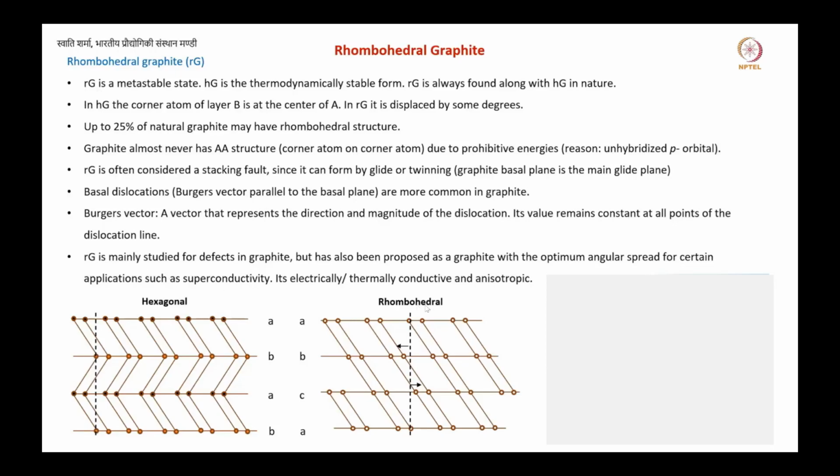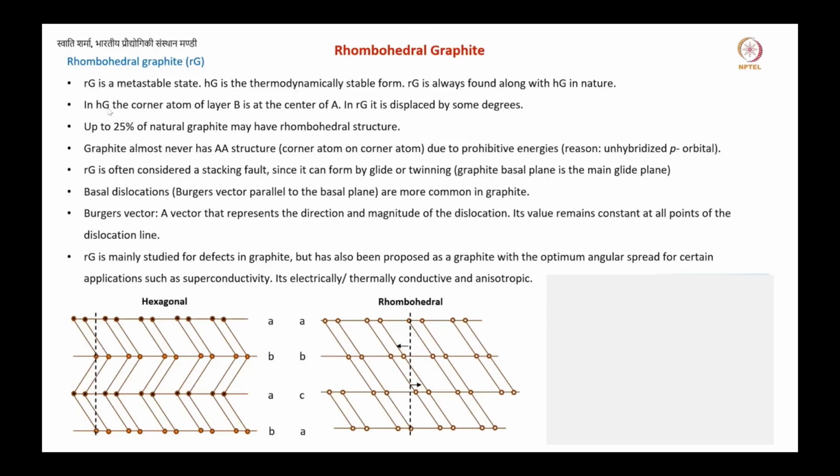As you can see, hexagonal and rhombohedral. Rhombohedral graphite is a metastable state, and hexagonal is the thermodynamically stable one. So RG is always found along with HG in nature.